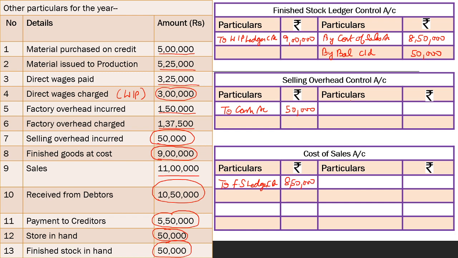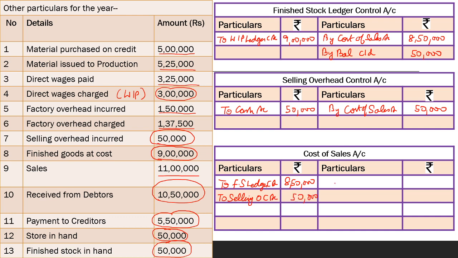The balancing value of selling overhead is transferred to cost of sales. So by cost of sales account on the credit side 50,000, and in cost of sales account we write to selling overhead control account 50,000.